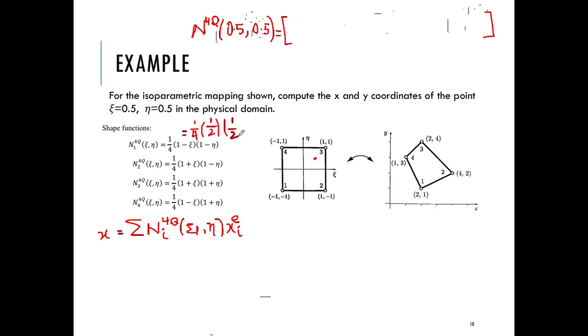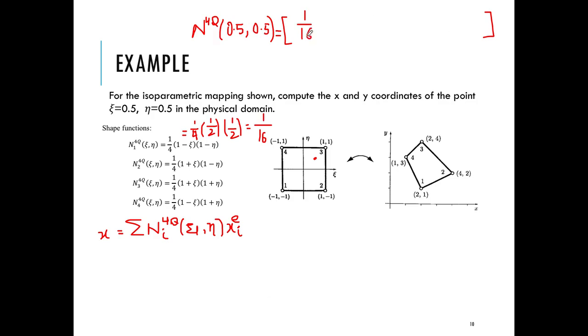So N1 at this point is 1 by 16, and I can write that down in my N4Q matrix.